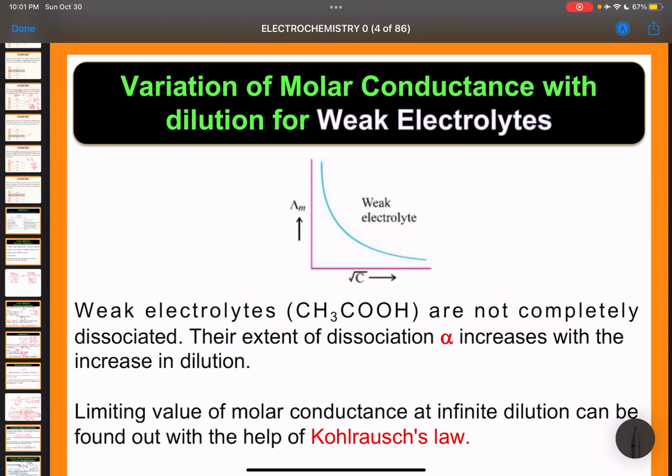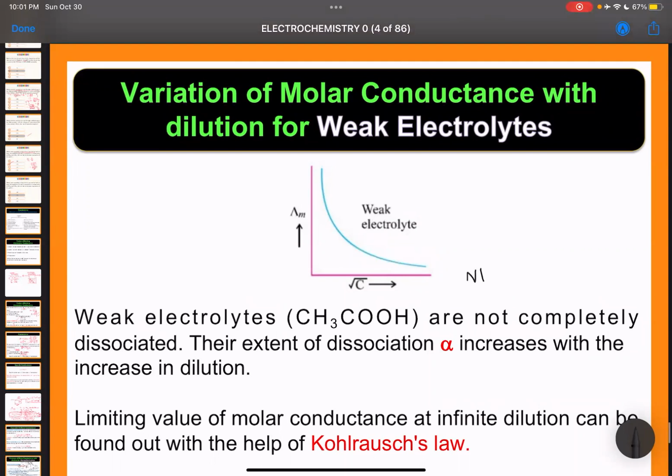So those are weak electrolytes, like acetic acid, and weak bases like ammonium hydroxide, NH4OH. These are not very strong bases. They are weak electrolytes. They don't dissociate completely into their ions. Is it clear?